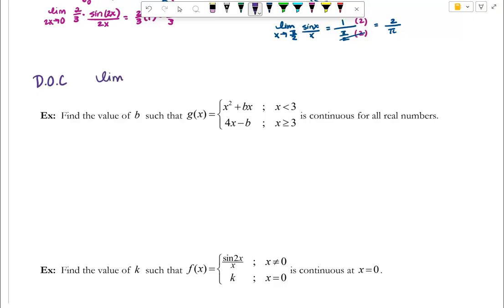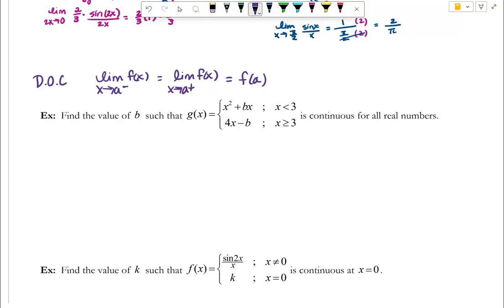So the limit of f of x as x approaches a from the left has to equal the limit of f of x as x approaches a from the right. That's just the definition of a limit. That tells us the limit exists, but the limit must also equal the function value, f of a, whatever a is. This is the definition of continuity that I believe is on page 2 of our spiral.